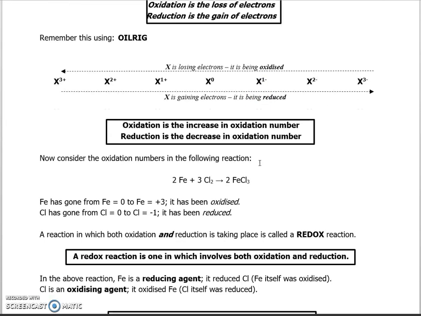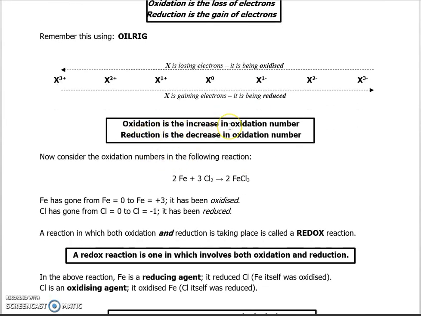So what we said was that oxidation is an increase in oxidation number. For example, if you have an element, and elements by definition have an oxidation number of 0, and it loses electrons, such as sodium when it reacts, then sodium forms a +1 ion, so its oxidation number would be +1. So therefore, it will undergo oxidation.